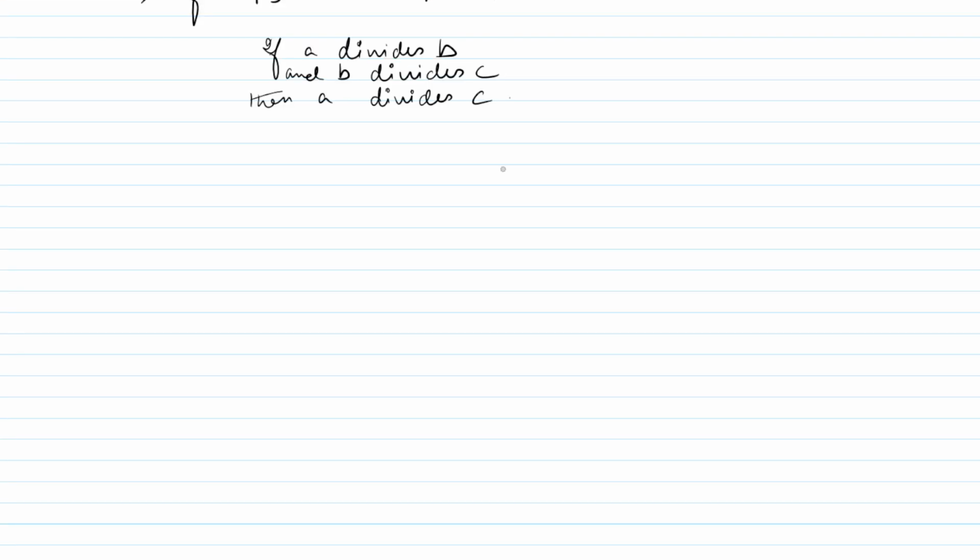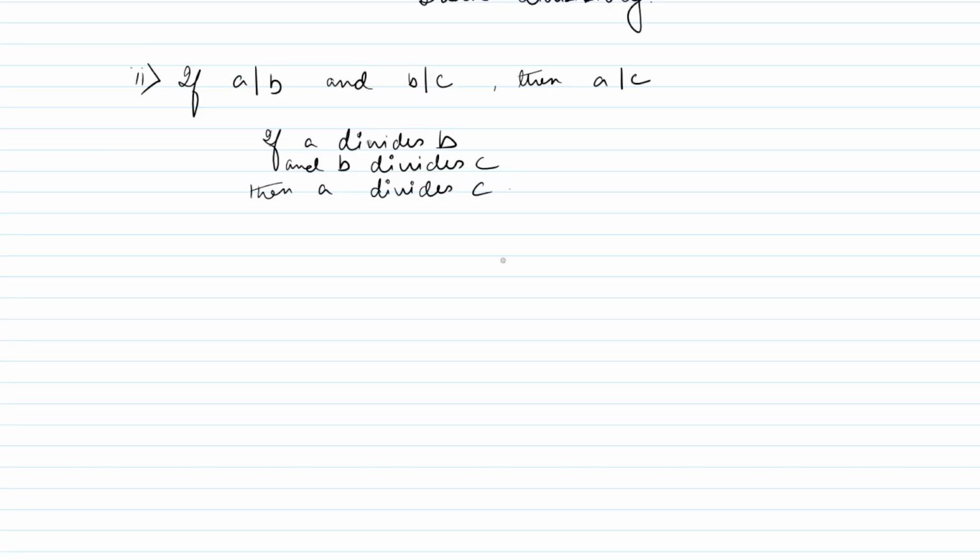Why is it true? Okay, let's get an idea by the following. If A divides B, we can say that B equals A into Q1, and if B divides C, we can say that C equals B into Q2. So these are different integers.